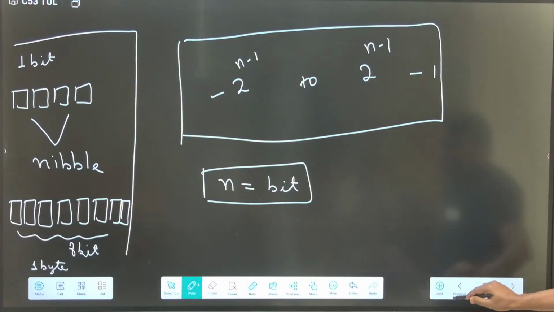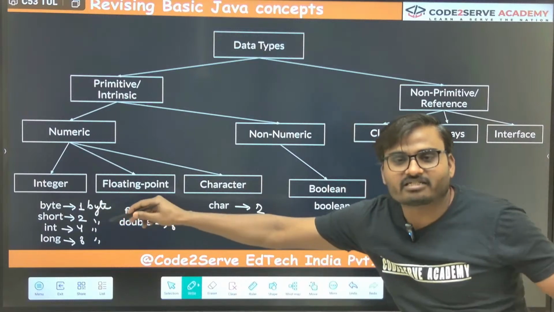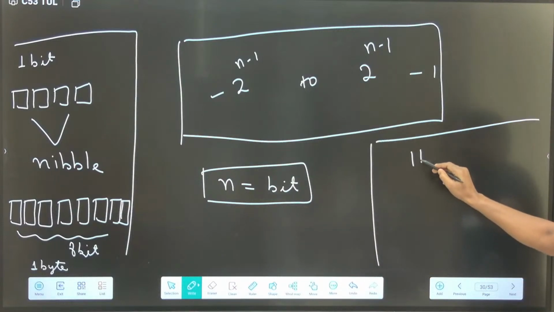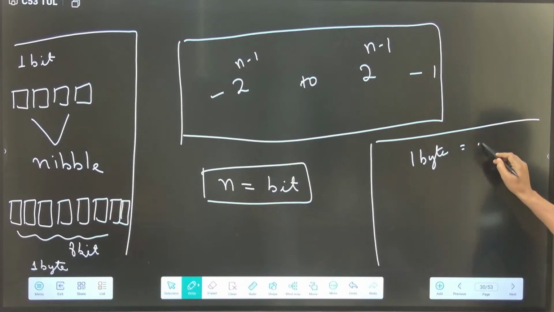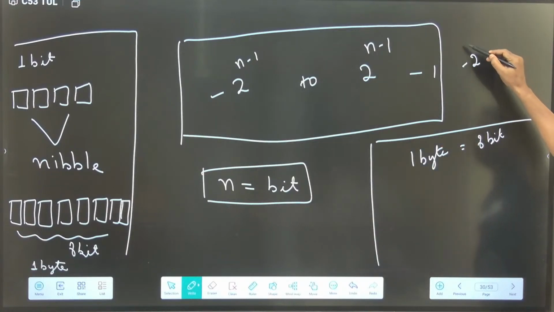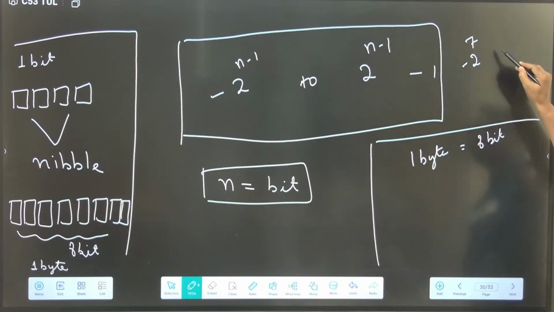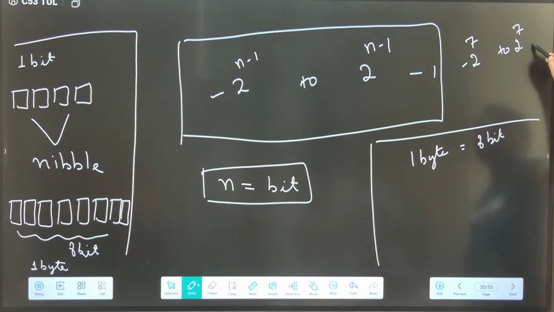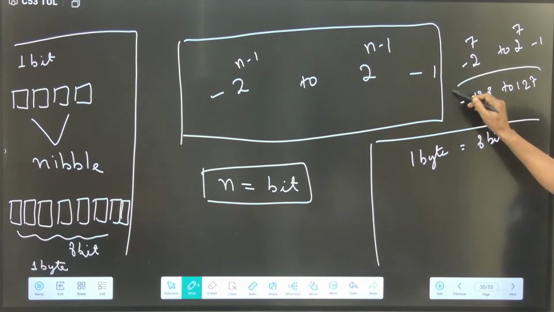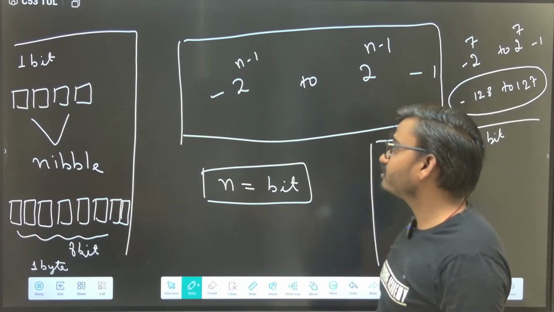If I want to find the range of byte, how many characters it can store, take an example: 1 byte is equal to 8 bits. Putting 8 in the formula, we get minus 2 to the power 8 minus 1, that is 7, to 2 to the power 7 minus 1. 2 to the power 7 is 128, so from minus 128 to 128 minus 1, that is 127. This is the range of byte.